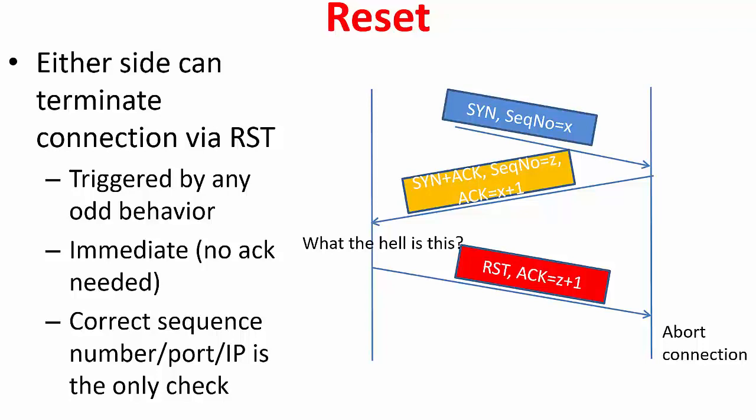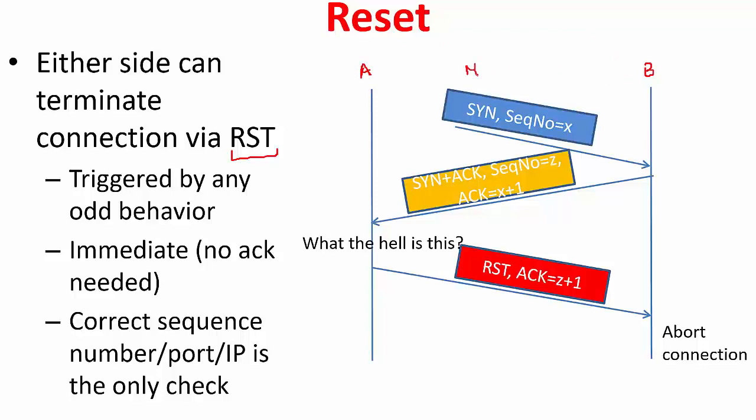There is yet another thing you should be aware of, which is the reset packet. Now either side can terminate a connection using this particular reset packet, and this is often triggered by any odd behavior. For example, let's say A and B are 2 nodes.